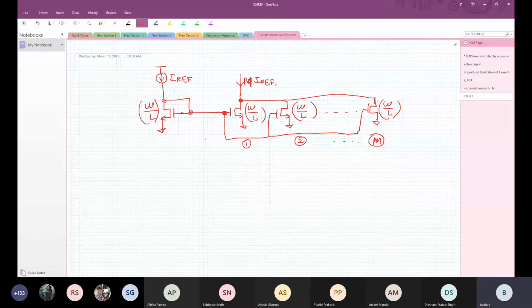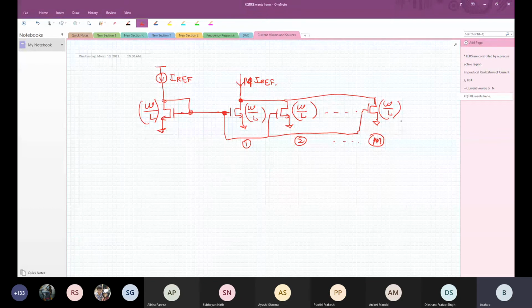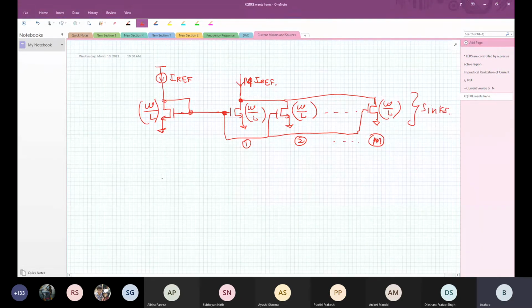Now, here I am building all these as current sinks. How do I build a current mirror with sources? These are all sinks. The way to do that is you build it like this, because somebody has given you this golden reference.